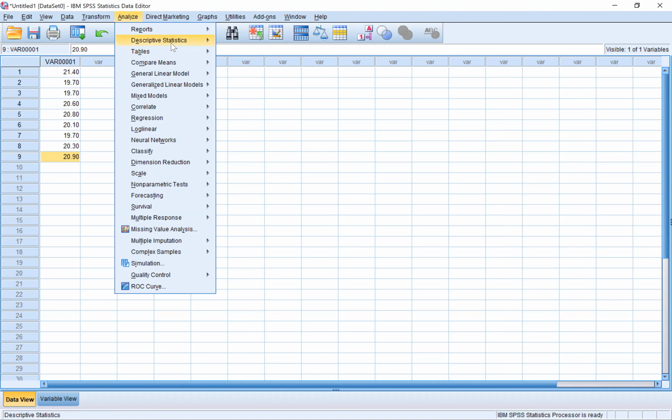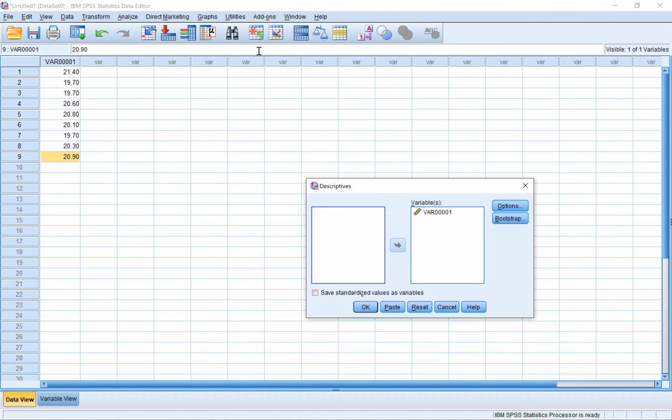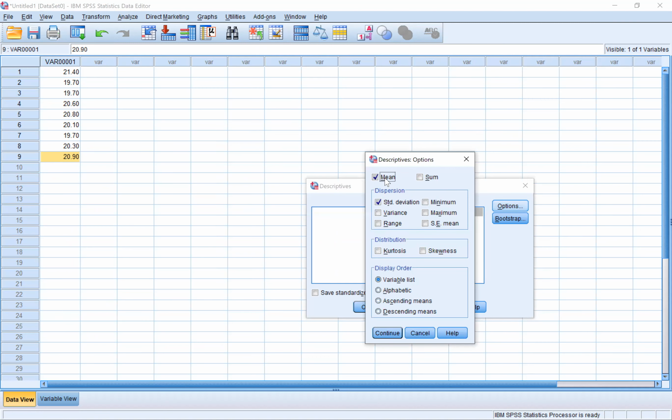What I'm going to do is go to descriptives. I have this variable written over here. Choose options. I need to compute the mean and standard deviation.